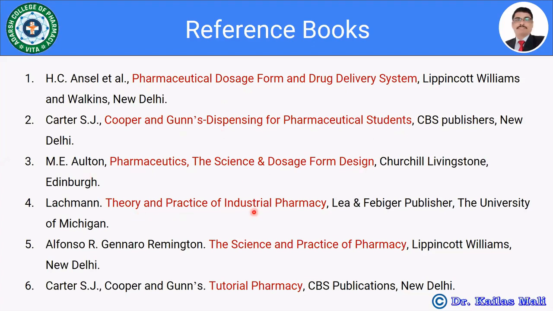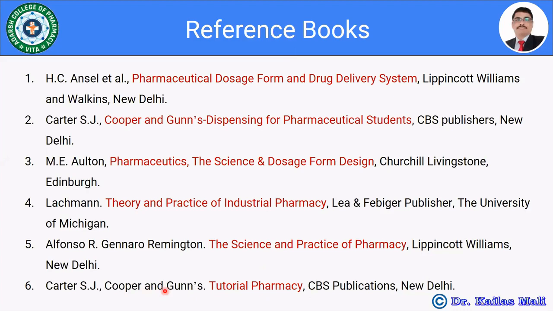Then the Theory and Practice of Industrial Pharmacy by Lachman. Then the Science and Practice of Pharmacy, that is Remington. And the last book which is to be used to study the Pharmaceutics I, that is the Tutorial Pharmacy by Cooper and Gunn.